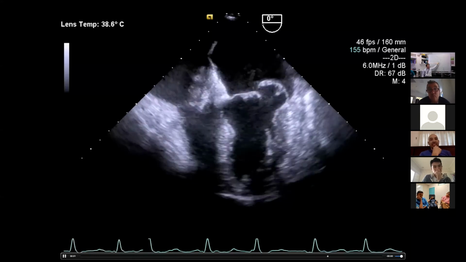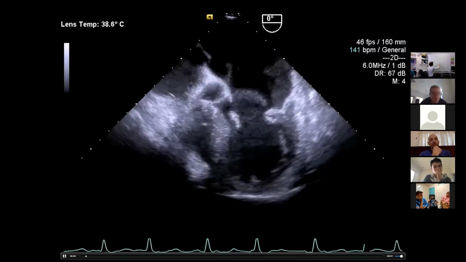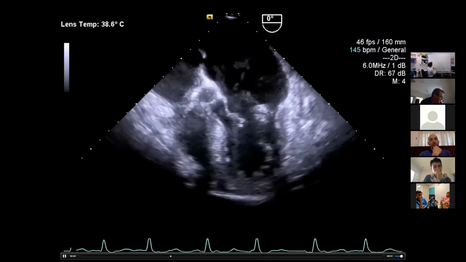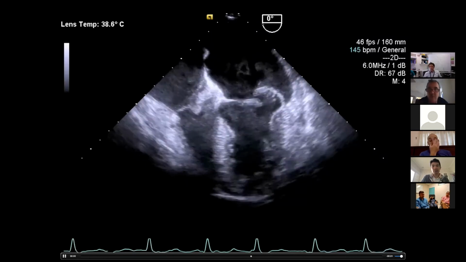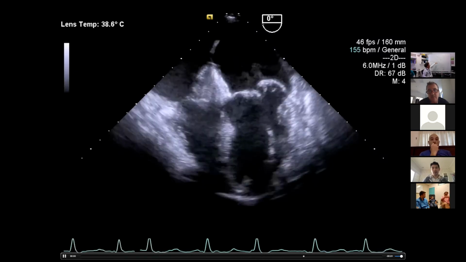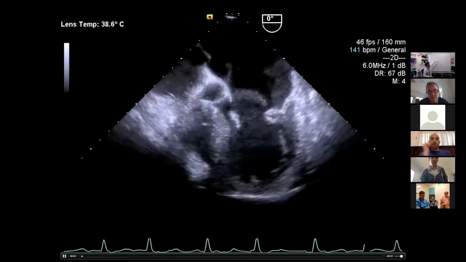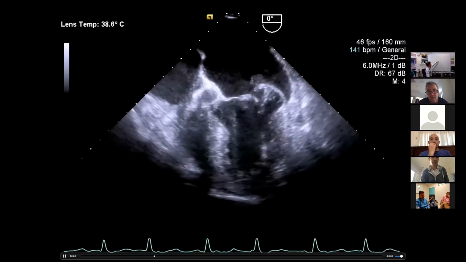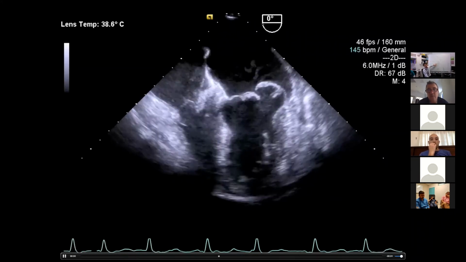So which leaflets are we looking at? That'll be A2, P2, but very slight rotation can take that off-axis. Sometimes it's hard because if you change the rotation or pull the probe up or down a little bit, you can start looking at A1, P1, or maybe even down into the A3, P3 region.